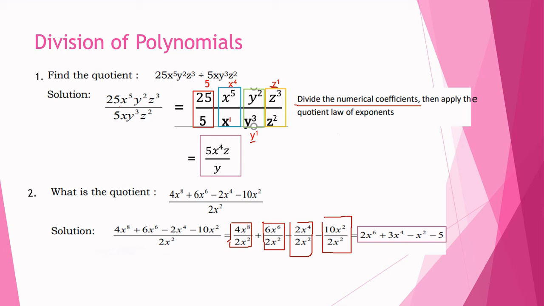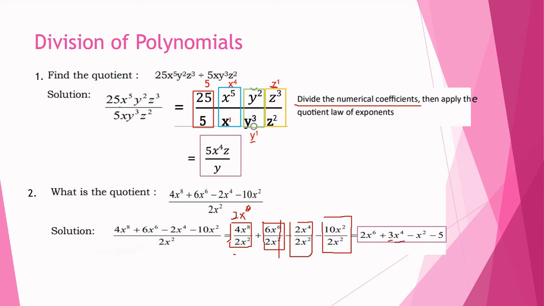Then simplify. Divide the numerical coefficient. 4 divided by 2 is 2. Subtract the exponent of the same base. 8 minus 2 is 6. So we have here x to the 6. Next, 6 divided by 2 is 3. Then subtract the exponent of the same base. We have x to the 4th.